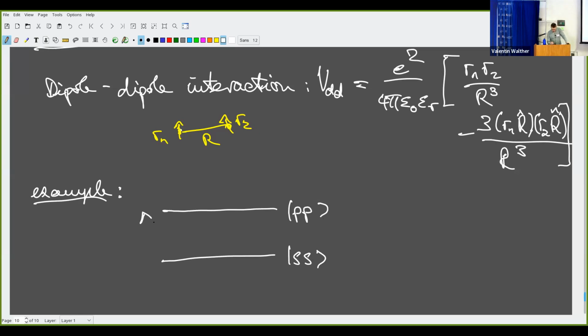And this state is at an energy difference delta, which is called the Förster defect. In any case, to understand what this interaction now does, the interaction promotes, maybe I should draw it better like this.